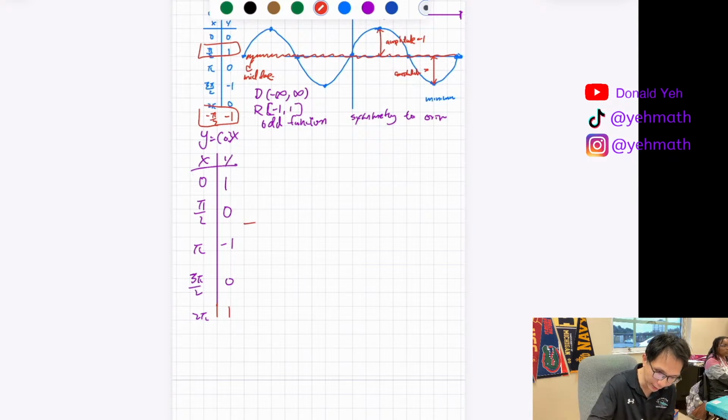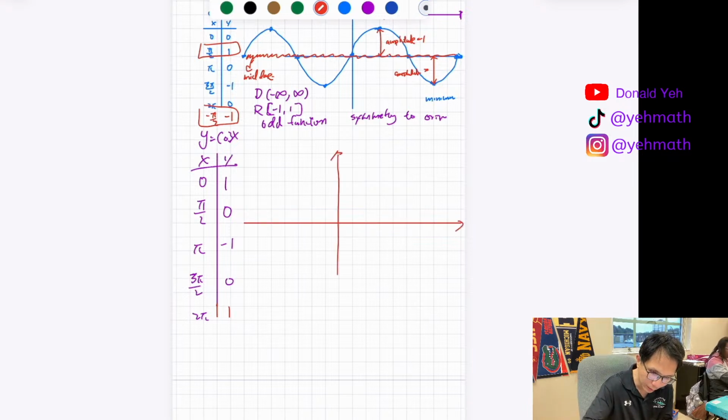So I'm going to go ahead and graph it. Sorry, it's the wrong side. I'm going to start at 0 and go here, here, here, here. So the graph should be like this.